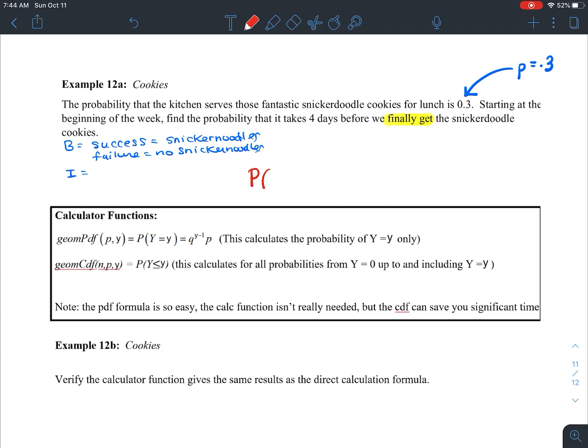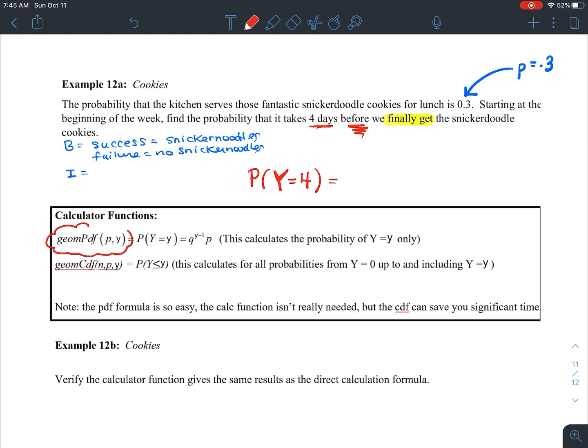Usually when we talk about a geometric random variable, just to switch up the variable used, we use a y to represent the geometric random variable. And here we're looking for the probability that it would take 4 days before we would get a snickerdoodle.